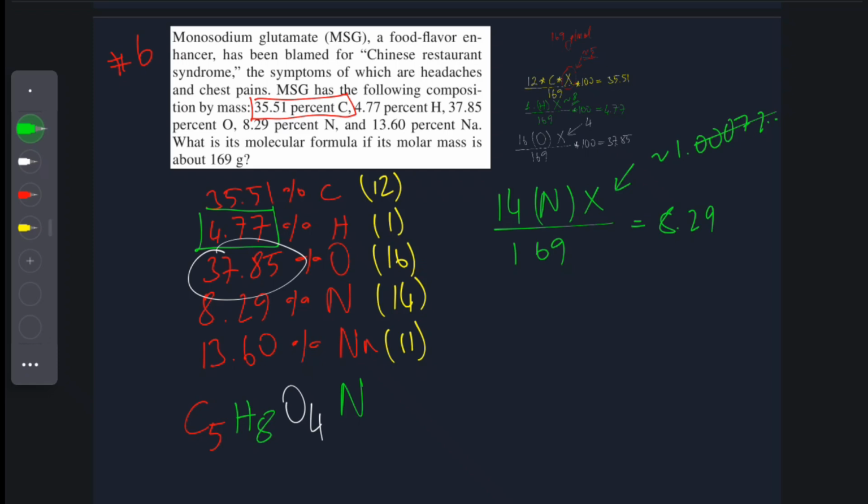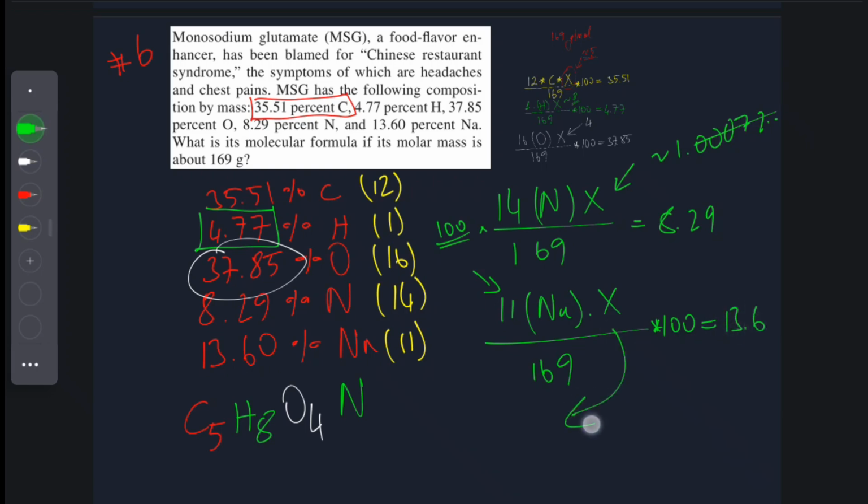And lastly, sodium, 11. This is the molar mass of sodium. There should be this amount of, oh, by the way, I forgot to write 100 here. 100, and it is equal to 13.6.